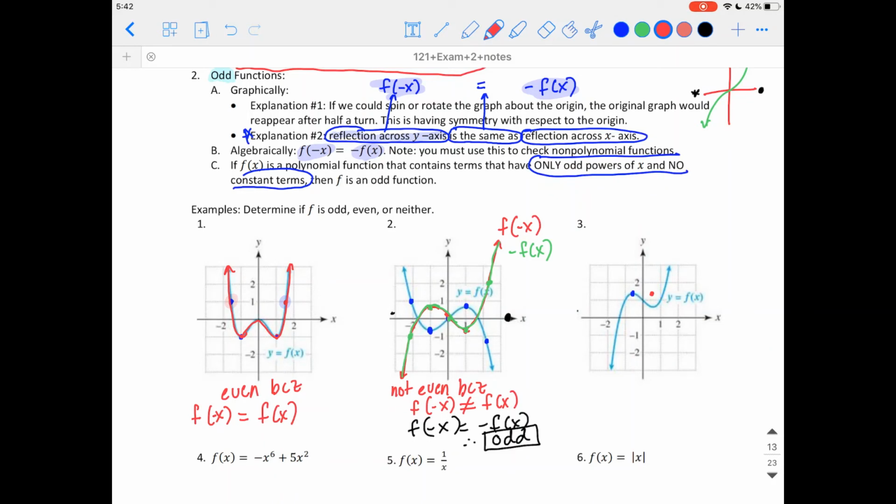So it's not even. So I'm going to put here not even, because the reflection across the y-axis is not the same as the original function.